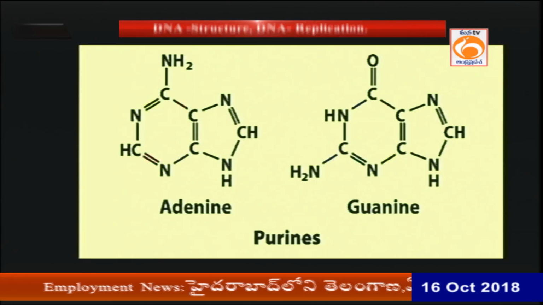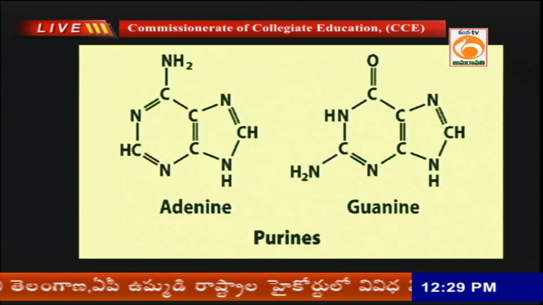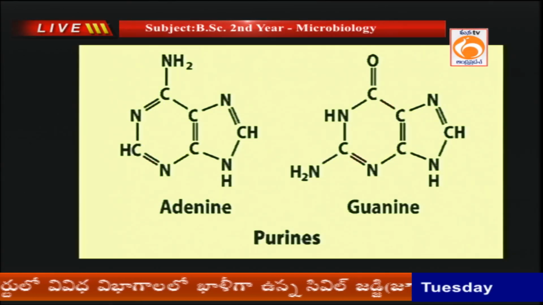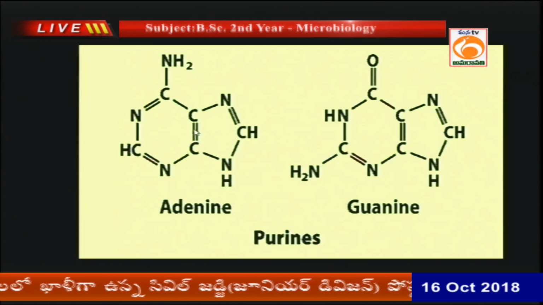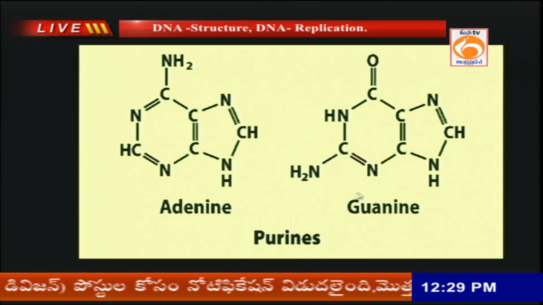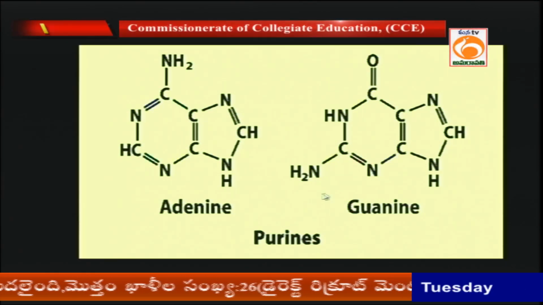Now have a look at the structures of adenine and guanine. Both are double ring containing compounds, and you can see that they are fused at the 4 and 5 carbon atoms, and they have nitrogens at positions 7 and 9.